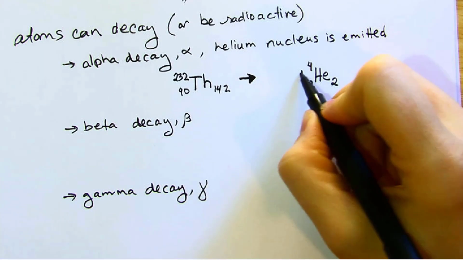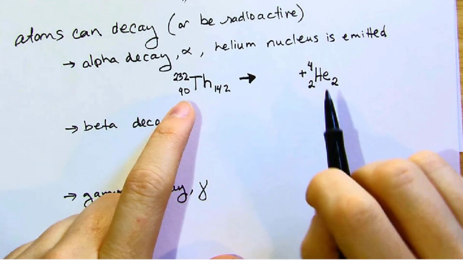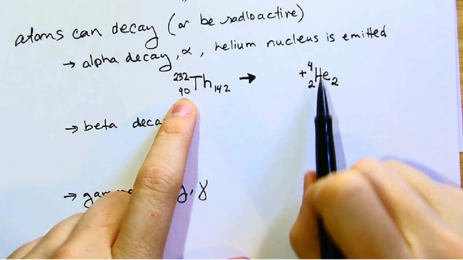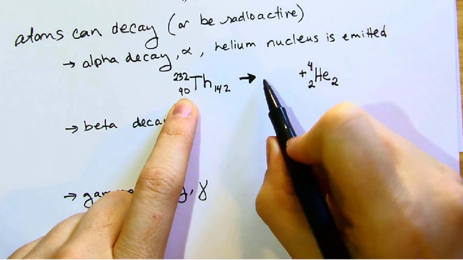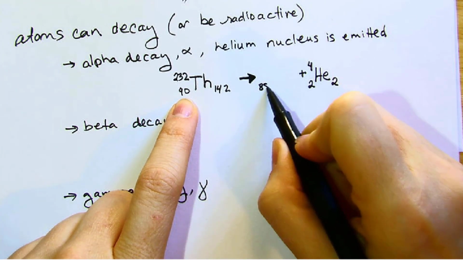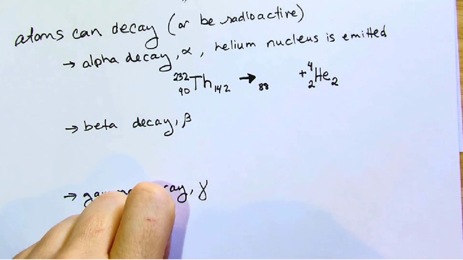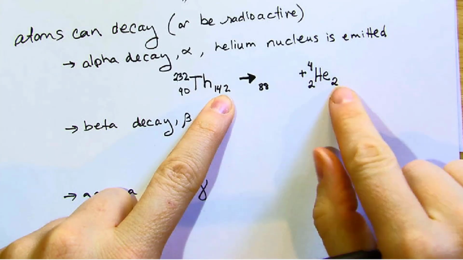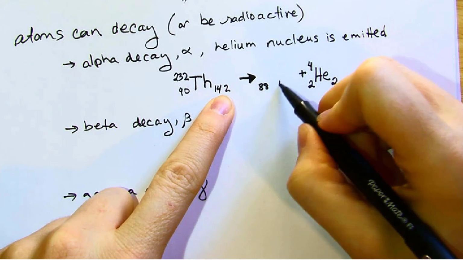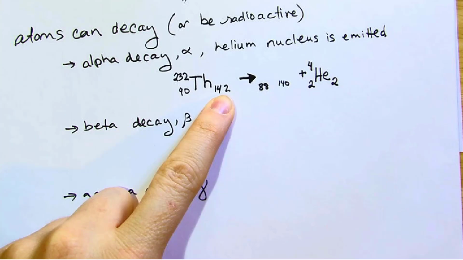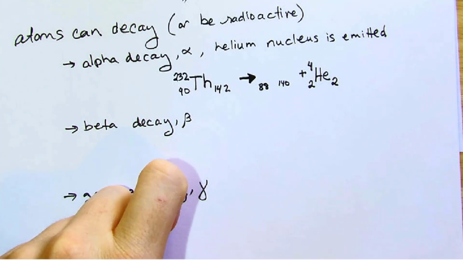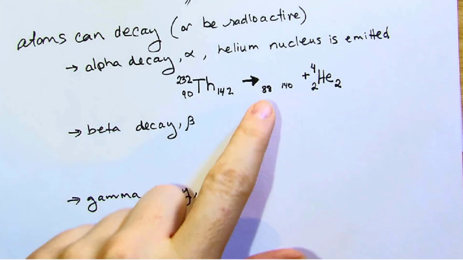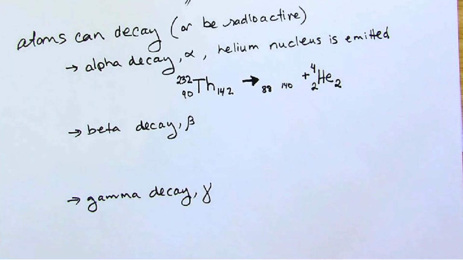So then we can play the game of what was left. So it had 90 protons and it lost 2. So it's going to have 88 remaining protons. It had 142 neutrons and it lost 2, so it's going to have 140 neutrons. Now I'm going to look up in the periodic table, what is 88? Atomic number 88.